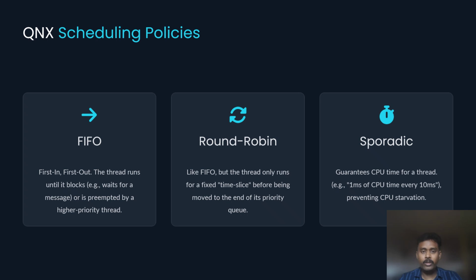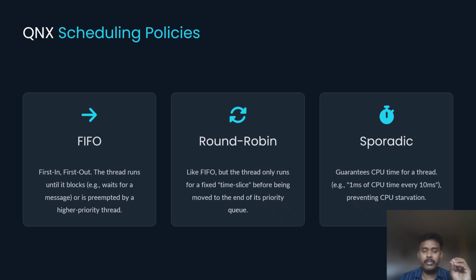The last scheduling policy is called sporadic. Generally, in sporadic scheduling, a CPU will be given time. It guarantees that we can use this particular process to perform a particular task. Inside a process, we said it has multiple threads.